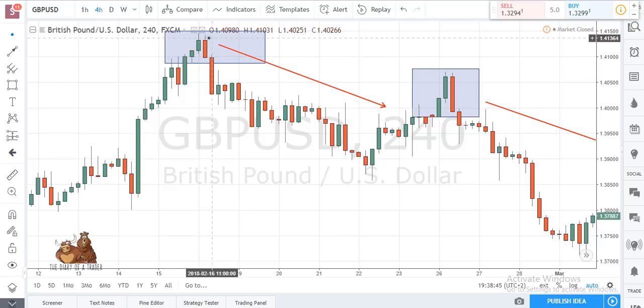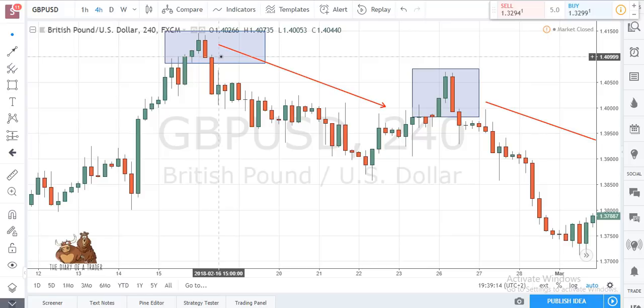This means that the bears are stronger than the bulls, since we close at the lows and erase all the gains from yesterday. As you can see in this pound dollar chart, we pushed lower, especially once you see the confirmation in this huge long red candle. This means that we are going to continue down, unlike some other patterns that only offer a sign of what is going to happen in the future.